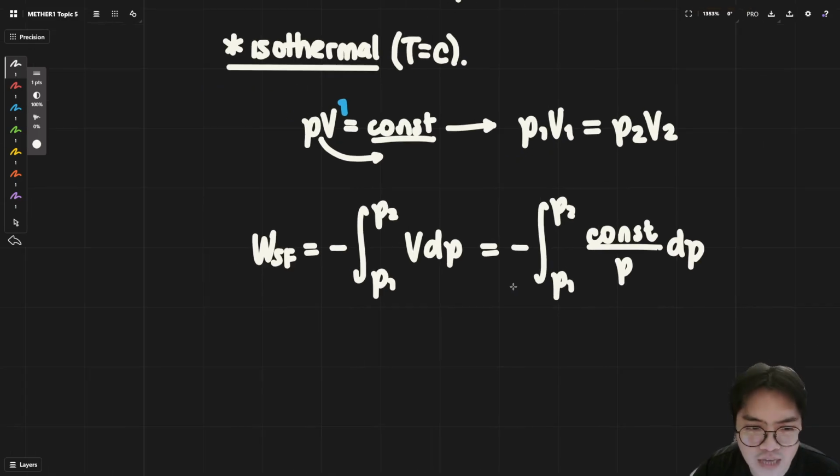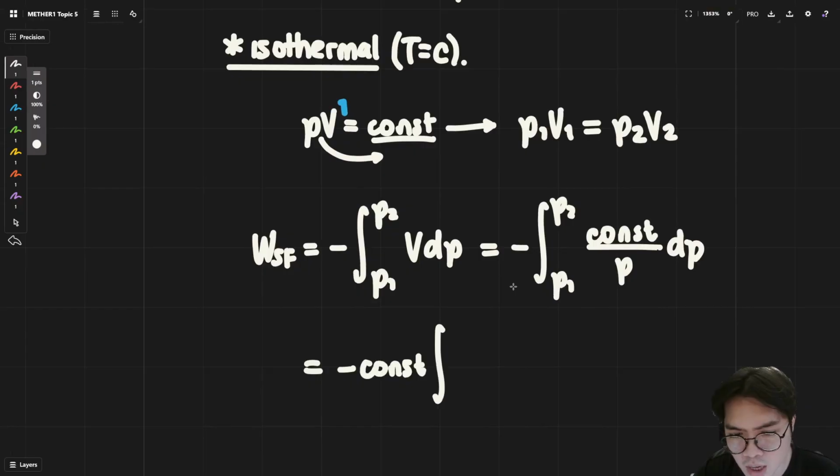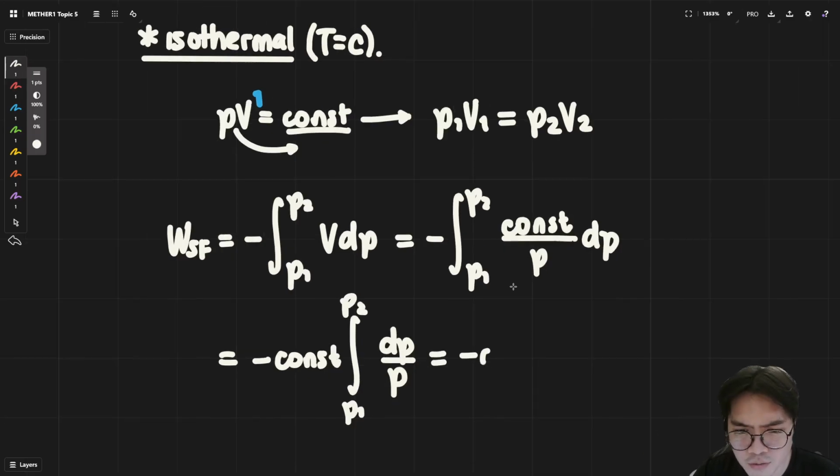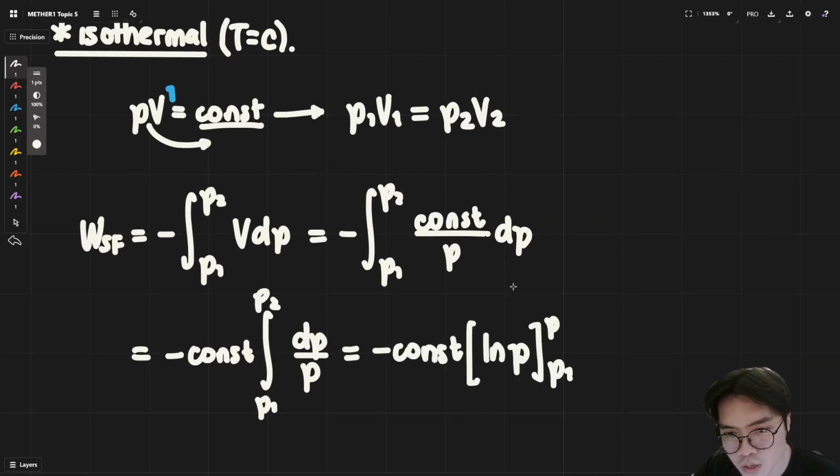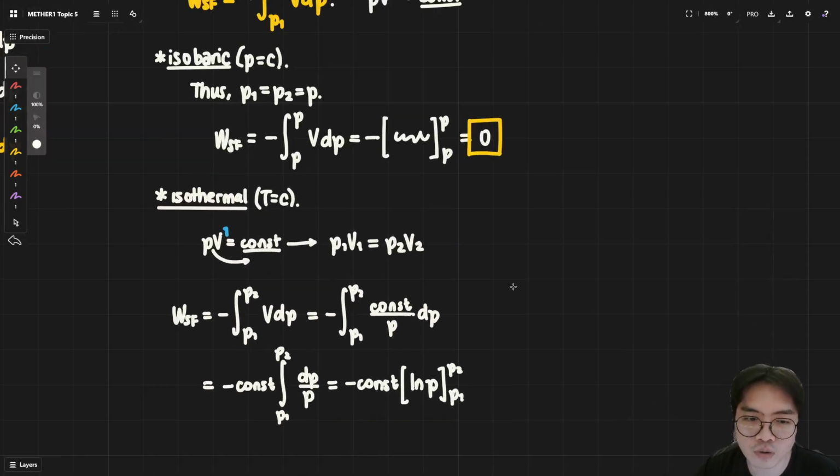And this is going to sound very familiar: negative constant times the integral of dP over P from P1 to P2. And now you will say, oh, that's just another ln. Negative constant times ln of P from P1 to P2.